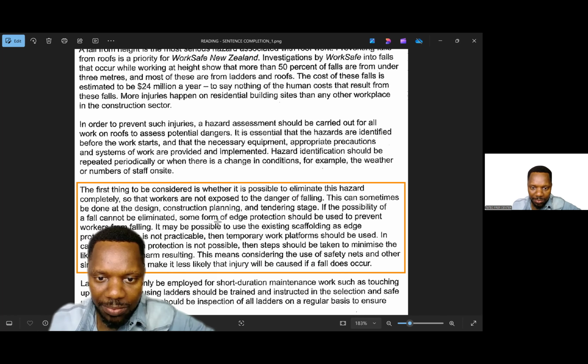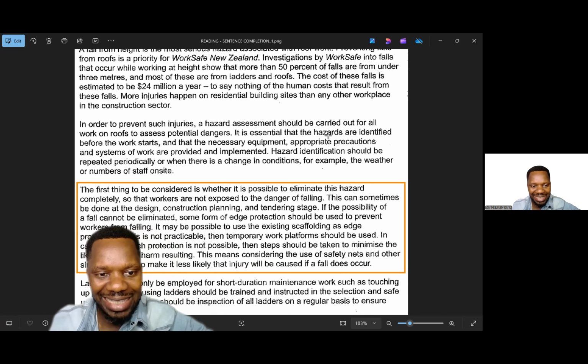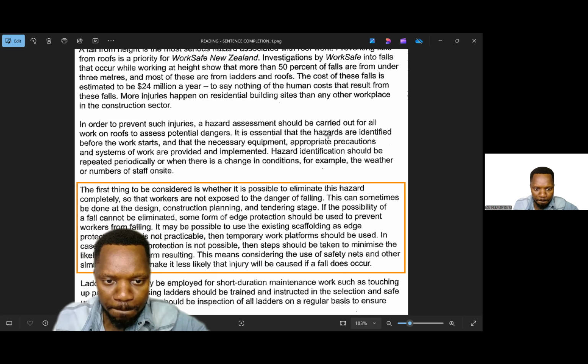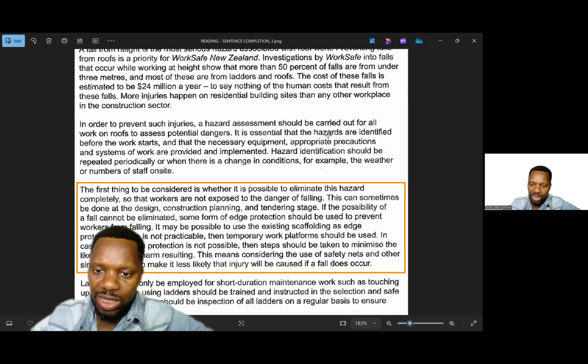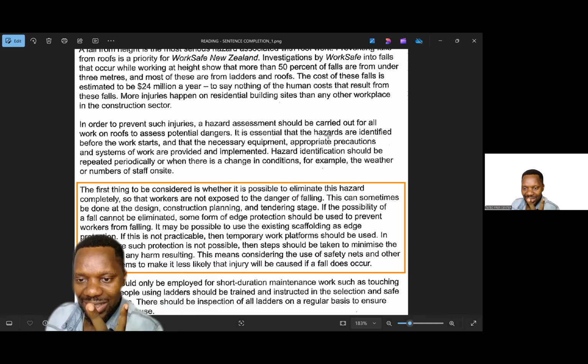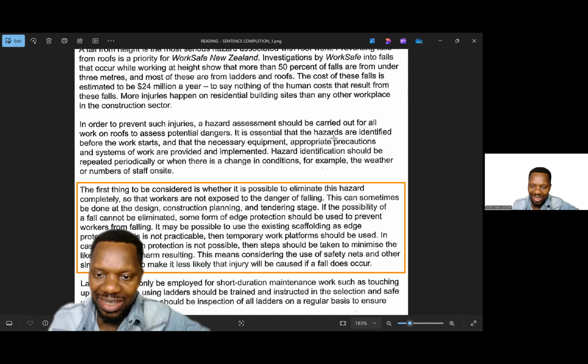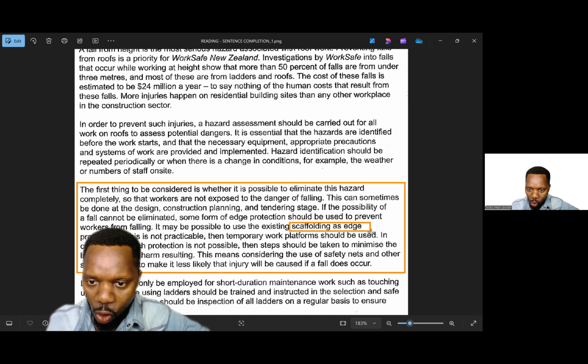It may be possible to use the existing scaffolding as edge protection. If this is not practicable, then temporary work platforms should be used. So there are two things here that are to be used. The first is, it's either you use the scaffolding edge or you make use of the temporary work platforms.